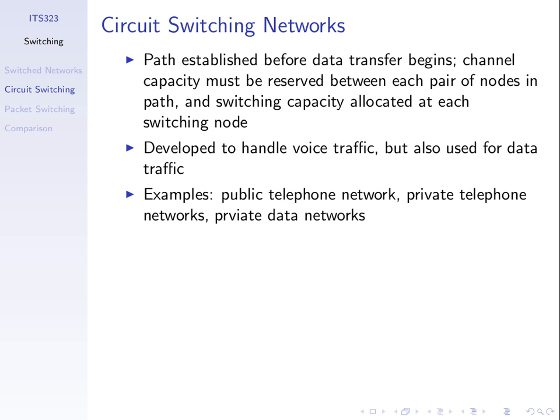Sometimes it's sending nothing, because when you view web pages, you download a web page, then you read that web page. At that point in time, you're not transferring any data. So maybe you spend 10 seconds downloading the page, and then 1 minute reading the page before you click on another link and download another page. So for many applications, the rate at which the data needs to be transferred varies over time. Sometimes you need to send a lot, sometimes you send nothing.